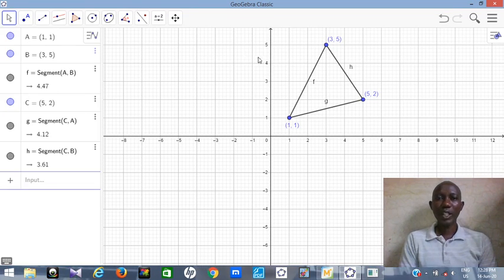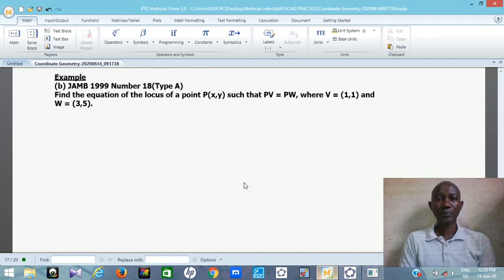So if you can get a perpendicular line that passes through the middle of these 2 points, then we can easily get the equation of that perpendicular bisector. That's what the question is trying to say.